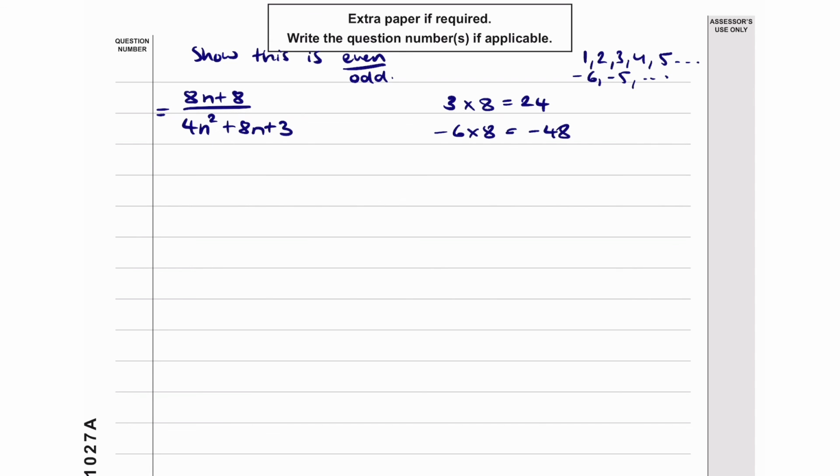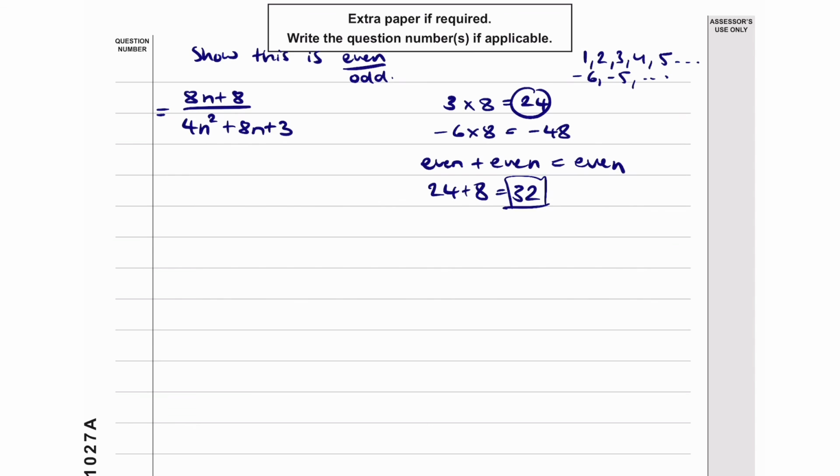So 8n is always going to be even. Now, we've got a +8 here. So an even plus another even number always gives an even number. Let's try it out. We've got an even number 24 added with 8. That gives 32, and 32 is an even number. So hence, our numerator is always going to be even.